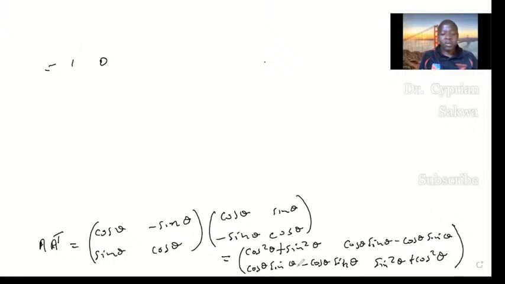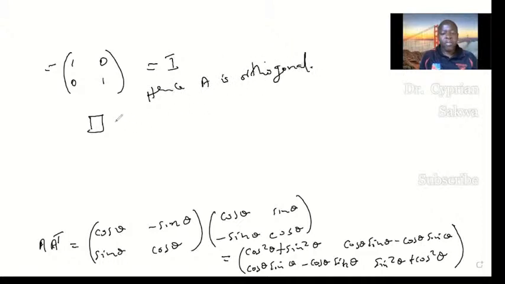I also know that this part will give me 0, and this other part will give me 1. And this is the identity. So we've proved as required that A is orthogonal.